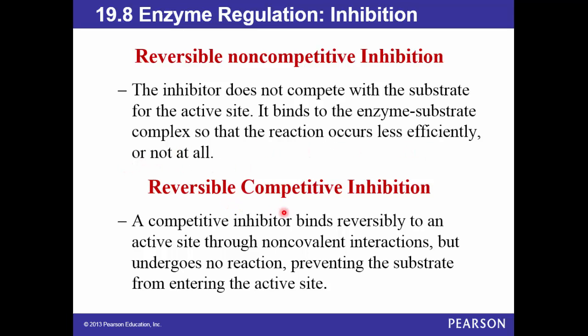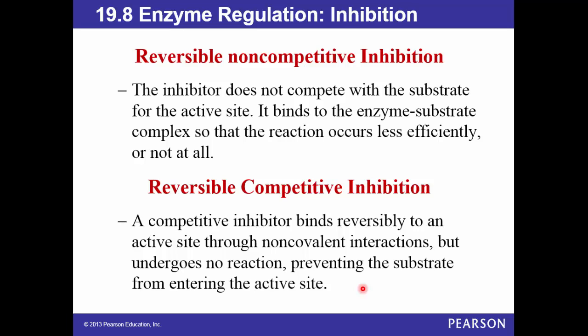In the reversible competitive inhibition, however, the competitive inhibitor binds reversibly to an active site through non-covalent interactions, but undergoes no reaction, preventing the substrate from entering the active site. So in this case, as the name implies, both the substrate and the competitive inhibitor are structural analogs of each other.